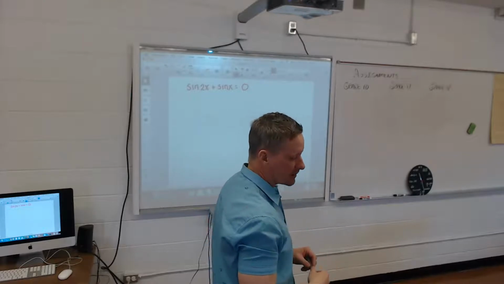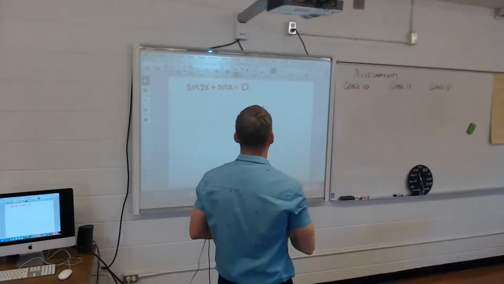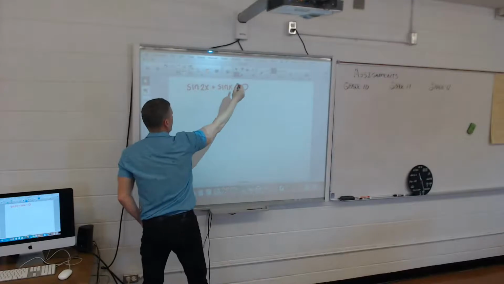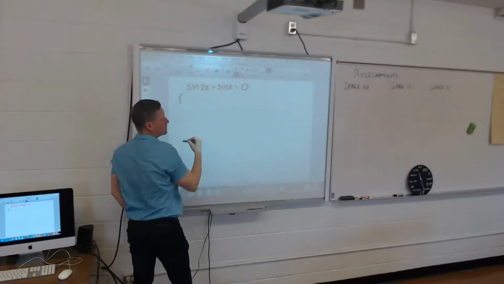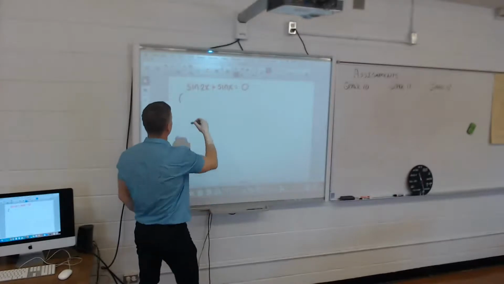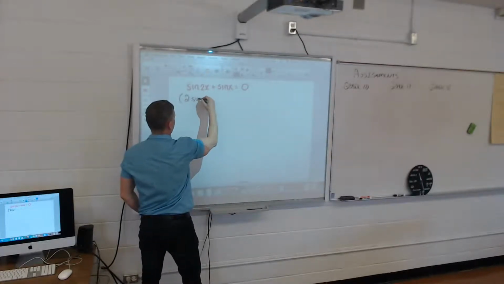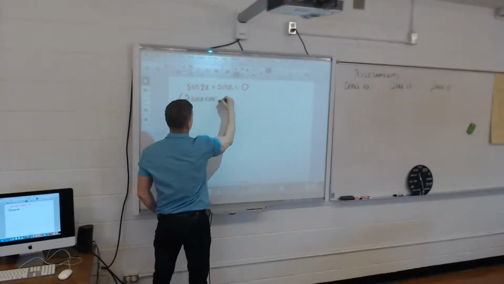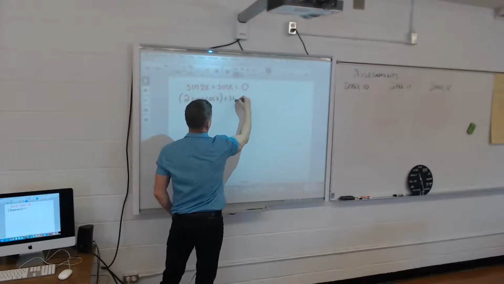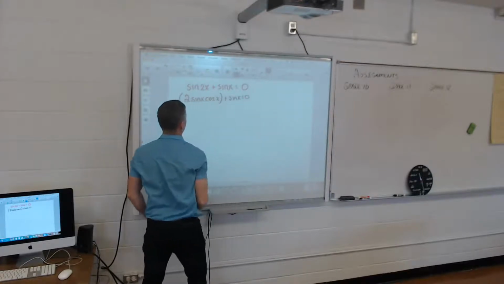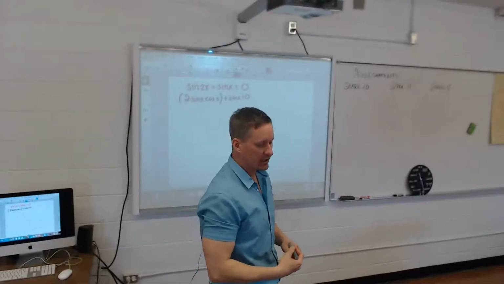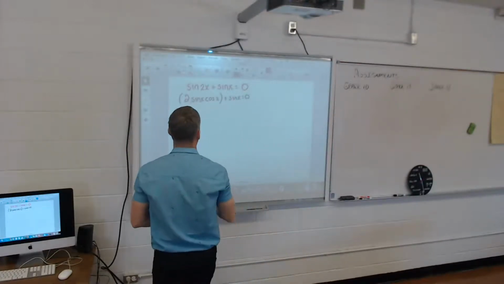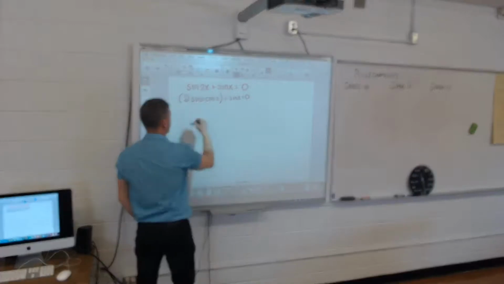And how do I convert sine 2x? What I would suggest is putting in brackets anytime you do a substitution like this. So I go 2 sine x cos x plus sine x equals 0. So instead of writing sine 2x, I've changed it to a single angle by making it 2 sine x cos x.